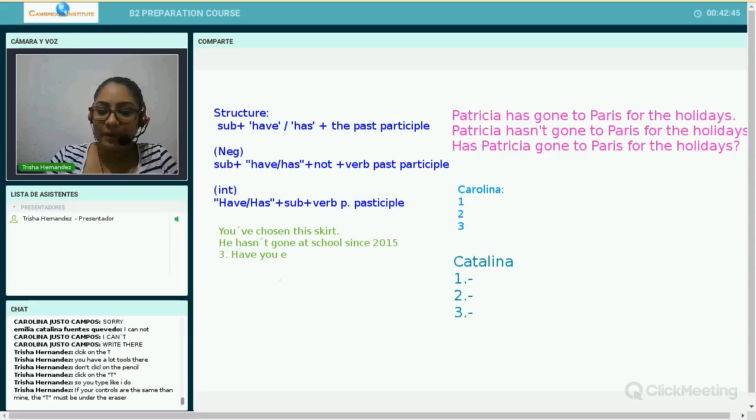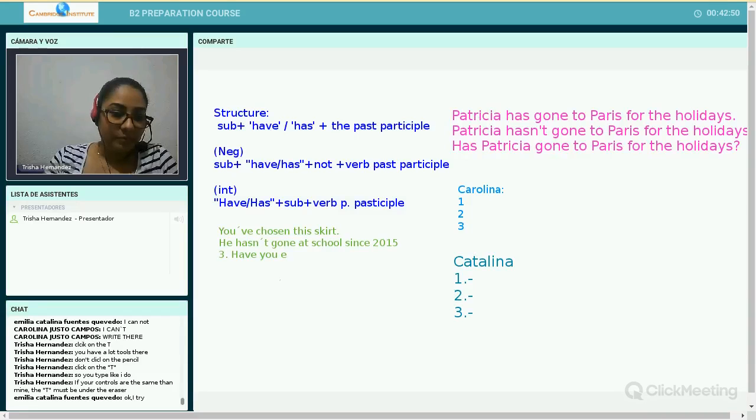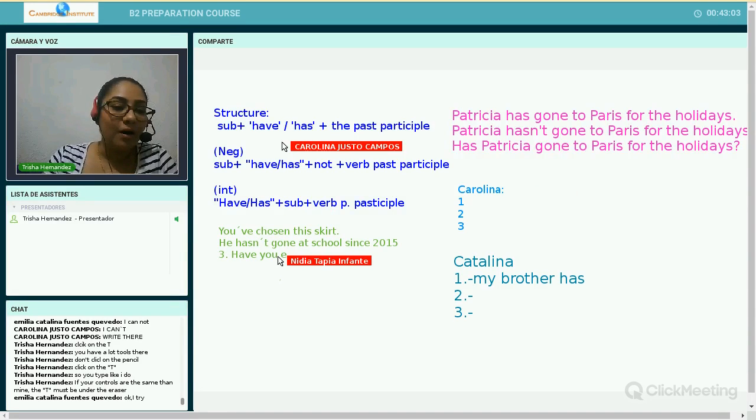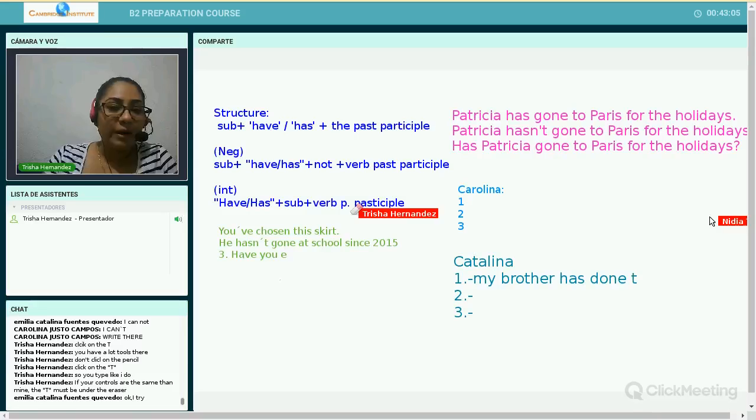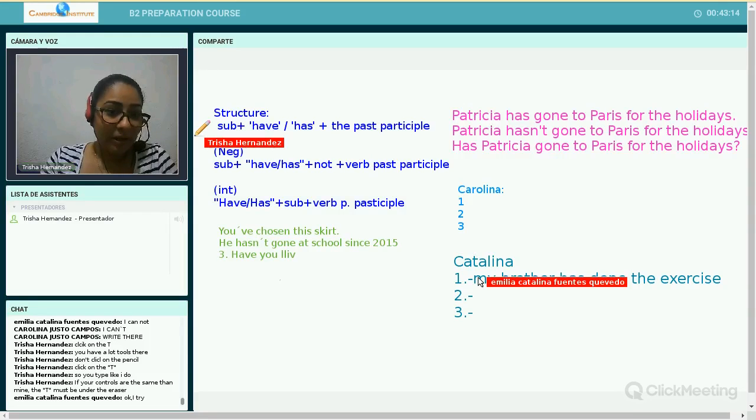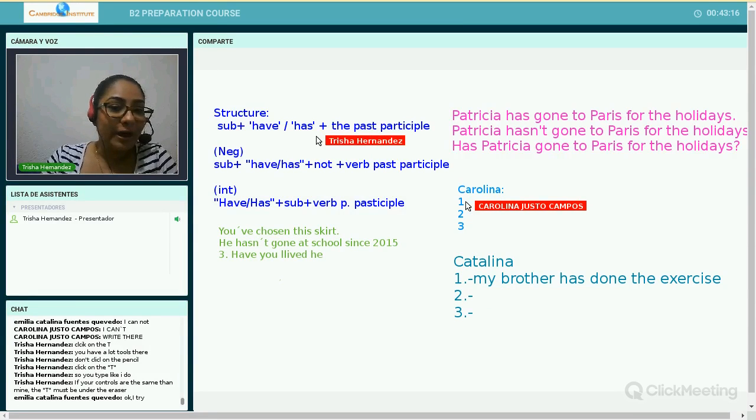Okay, I'm going to open the board for you again. You see, if I click on the eraser, when I get into the board, I get an eraser. If I click on the pencil, when I get into the board, I get a pencil. If I click on the pointer, I can select.